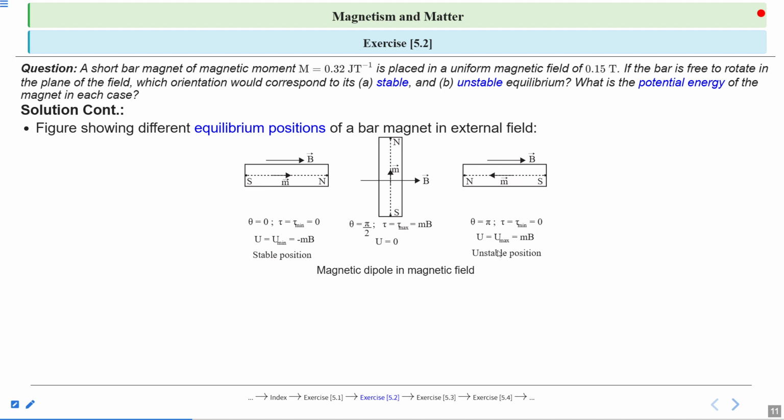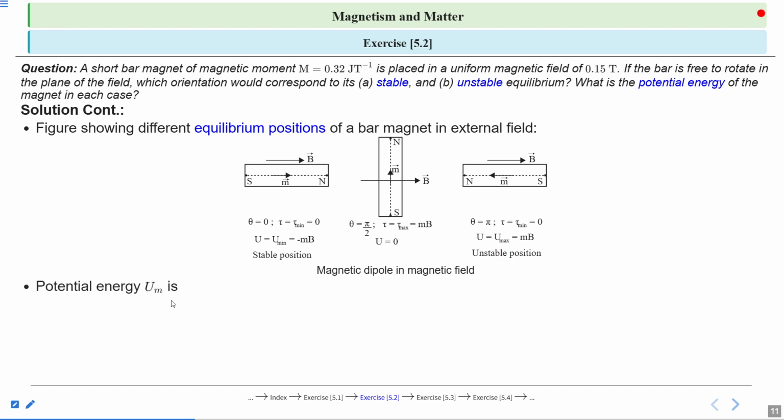But potential energy is minus MB cos theta, and cos 0 is 1 while cos pi is minus 1. So here minus MB times minus 1 results in positive MB. Potential energy will be most positive here, the maximum value of potential energy, that is MB. It is also an equilibrium position, but what equilibrium? Unstable equilibrium. So these are three orientations showing stable, unstable and non-equilibrium conditions.